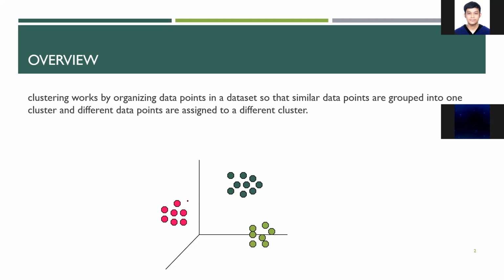For example, like this, these are similar to each other, like the red color, so it is in one cluster, and then the green one will be in one cluster, and this one will be in one cluster. So the main point of clustering: similar data are grouped in one cluster, and different data should be in different clusters.